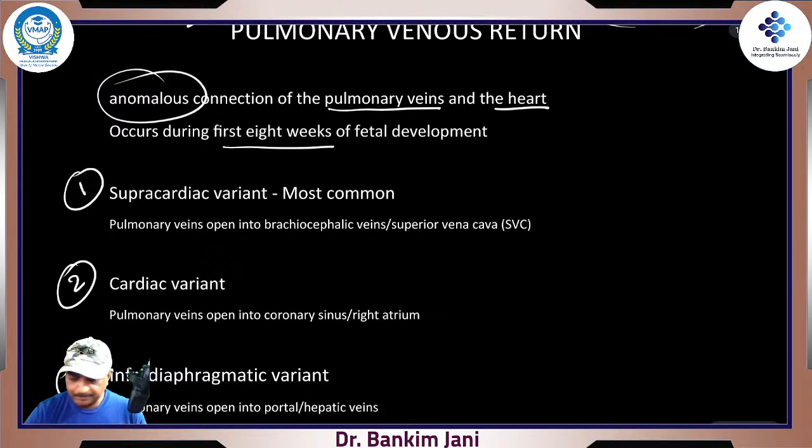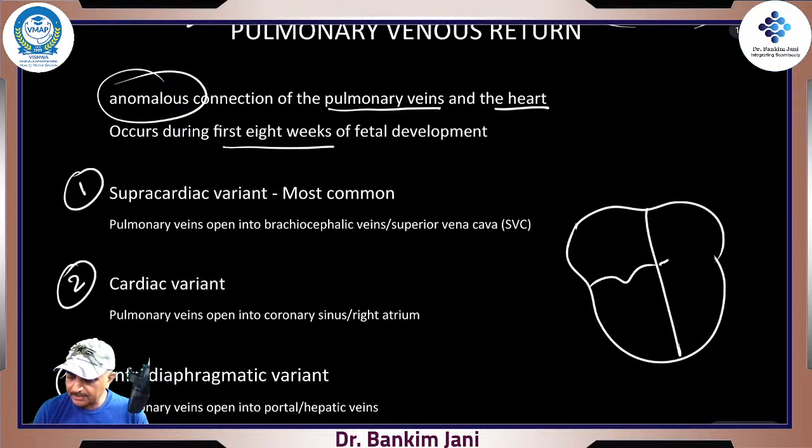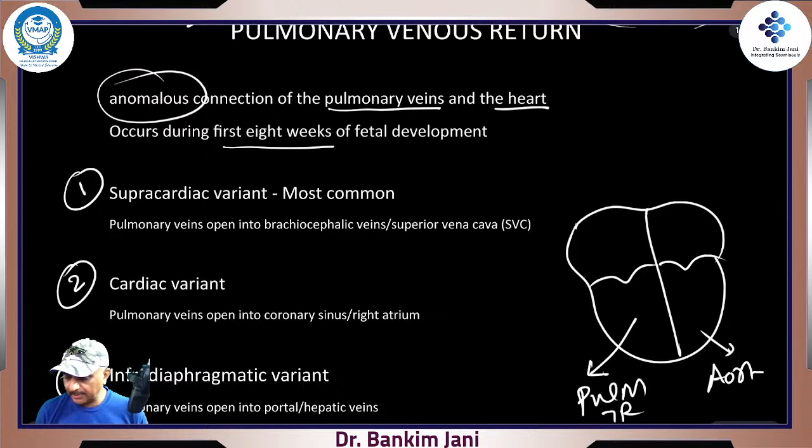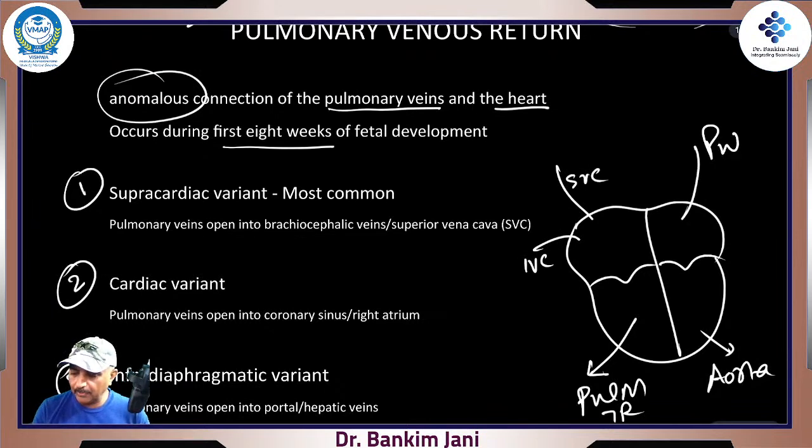Let's first draw our heart, right? This. Here there is the pulmonary trunk, and this one is the aorta. And over here, this is the superior vena cava, inferior vena cava, and the pulmonary veins, right?